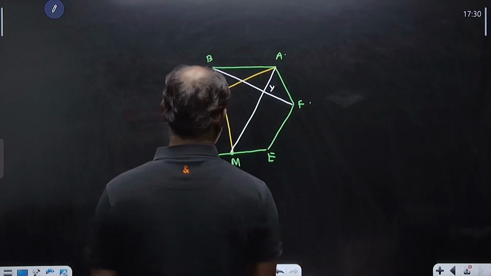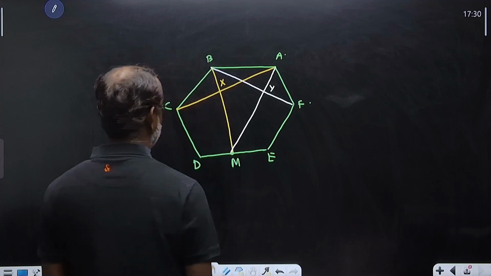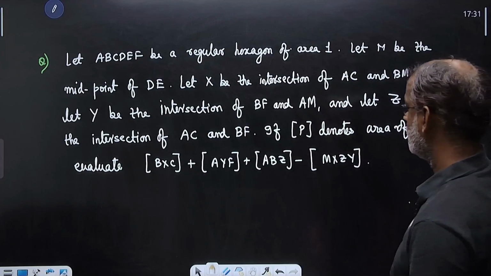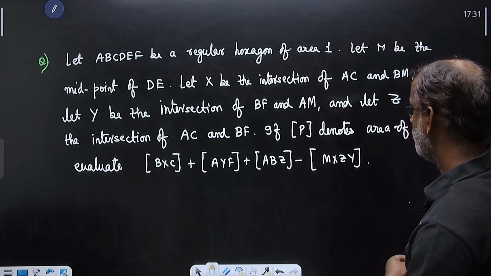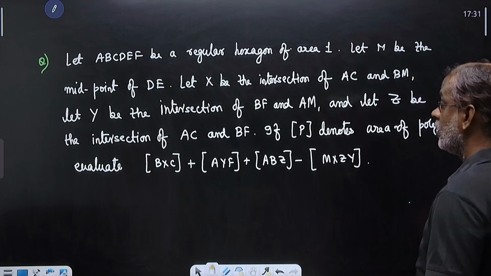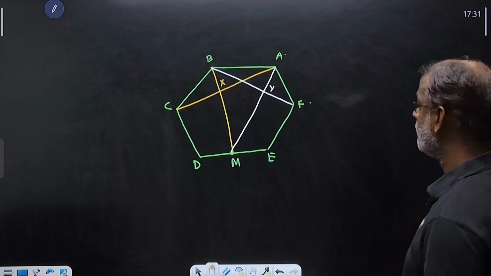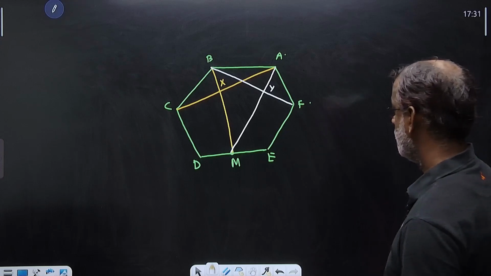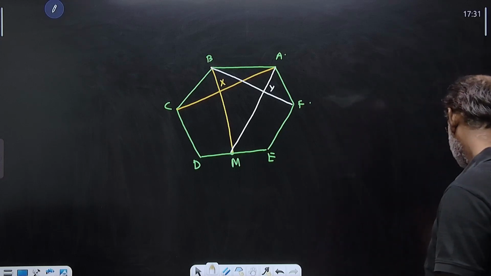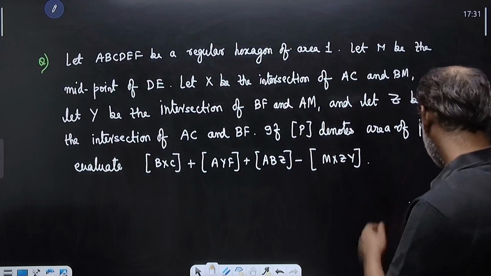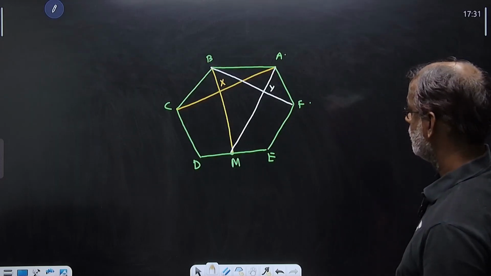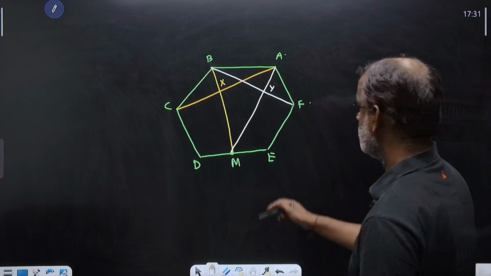AC, BF. Why be the intersection of BF, AM? Okay. AC, BF, this is Z, okay.